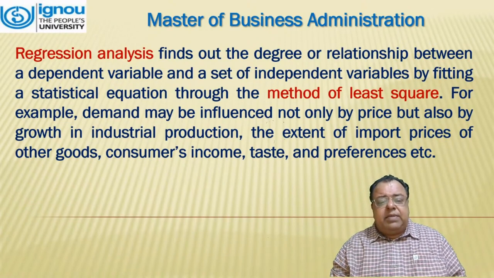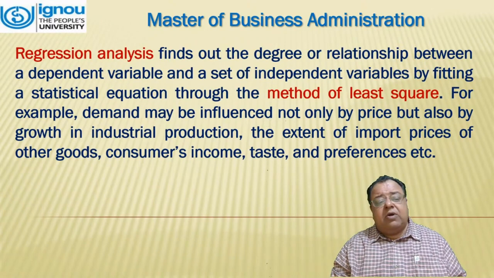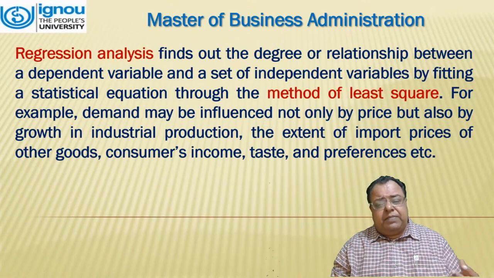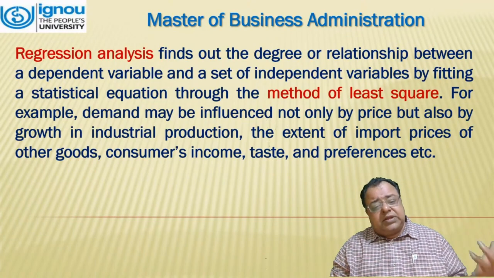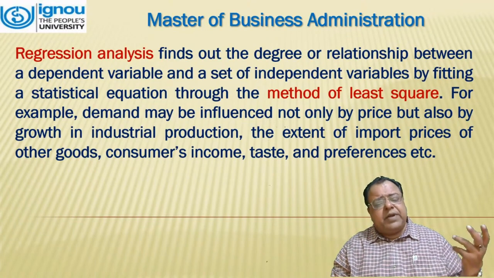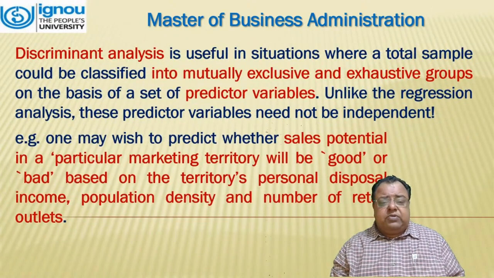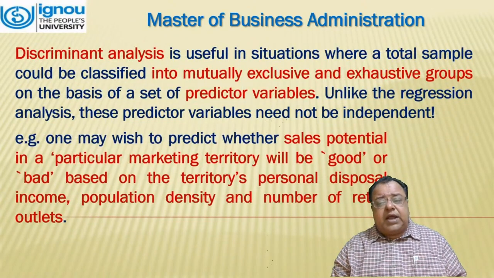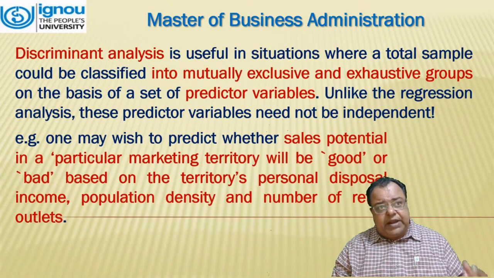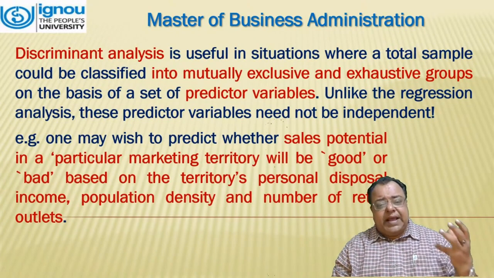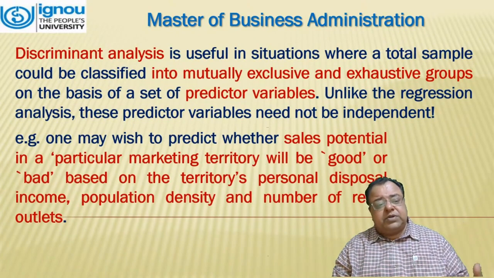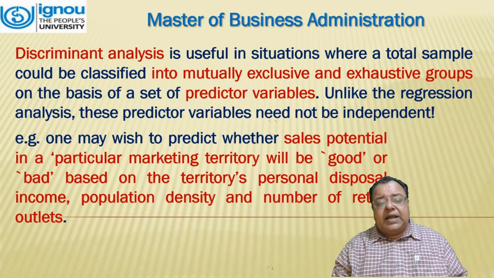For example, demand may be influenced not only by price but also by the growth in industrial production, the extent of import prices of other goods, consumers' income, taste and preferences, etc. Discriminant analysis is useful in situations where a total sample could be classified into two mutually exclusive and exhaustive groups on the basis of a set of predictor variables.